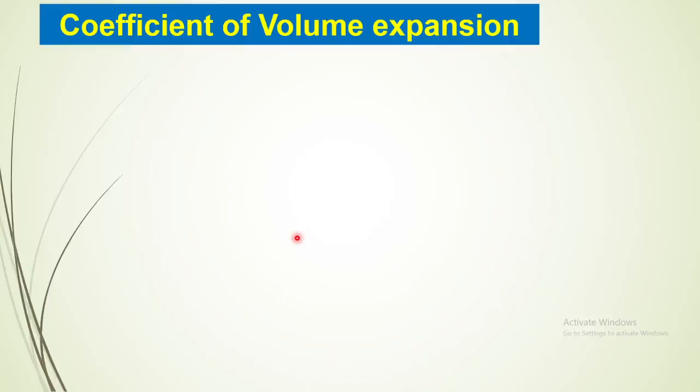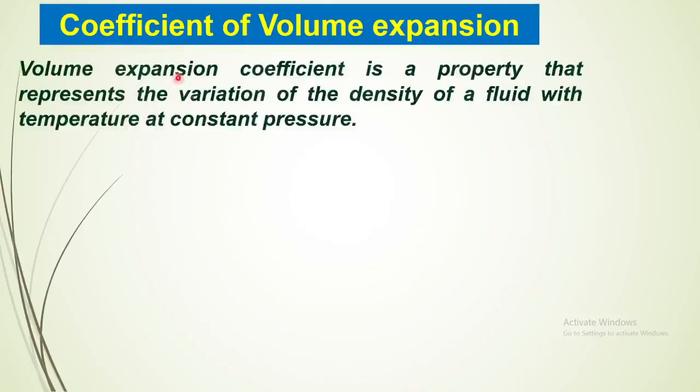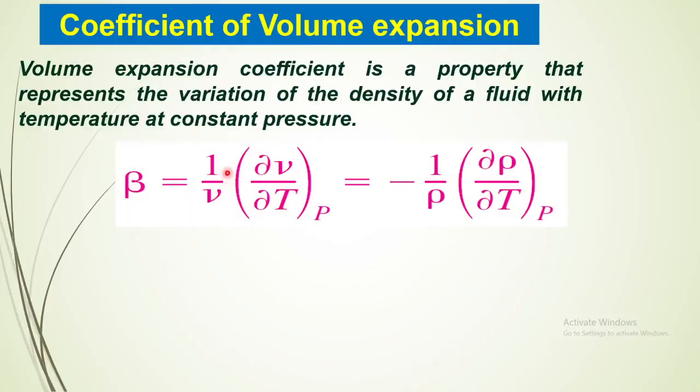So before going into the detail of Grashof number and Rayleigh number, let us discuss coefficient of volume expansion. The volume expansion coefficient is a property that represents the variation of the density of the fluid with respect to temperature at constant pressure, and it is represented by beta.